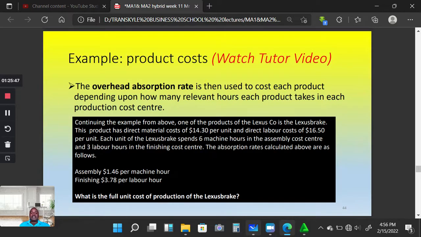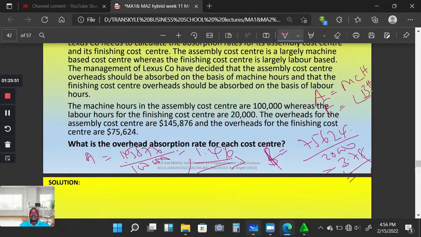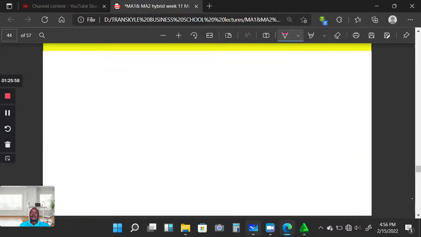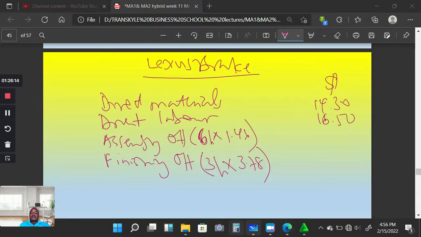We are told that's $46, and we've calculated this one. So 6 hours multiplied by $46, how much do we get? And then 3 labor hours multiplied by $3.78. How much do we get using our calculators?